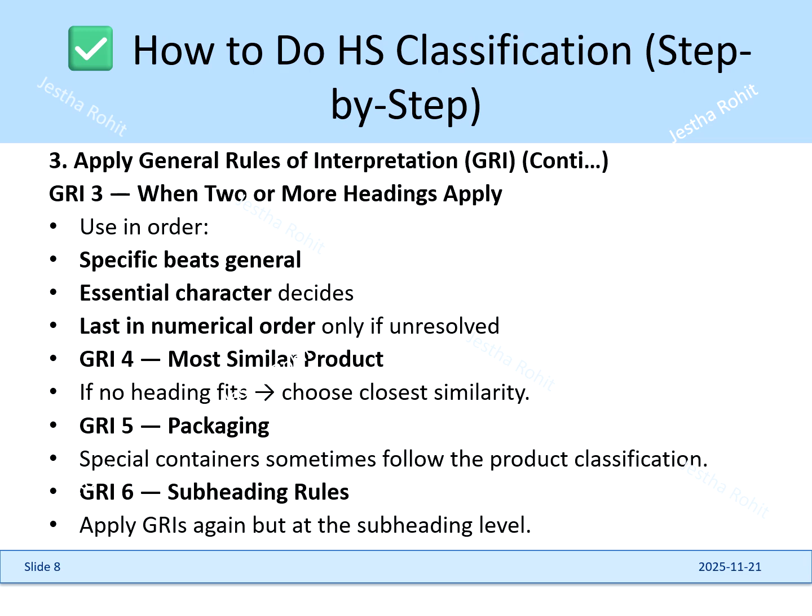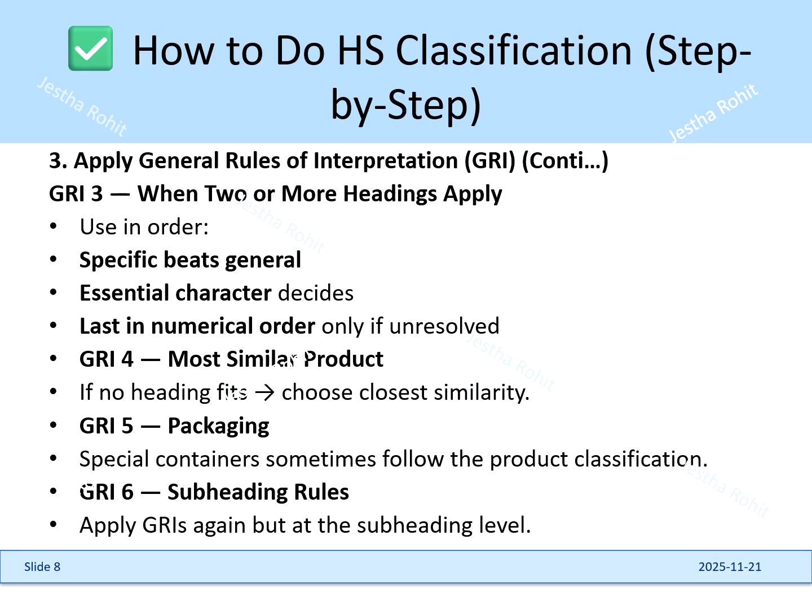And GRI 4: the most similar product. If no heading fits, choose the closest similarity. GRI 5: packaging.